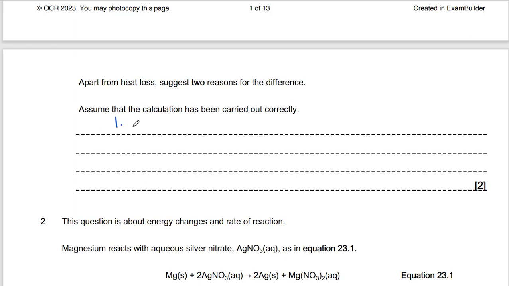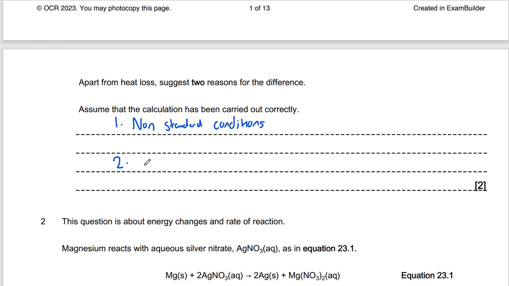First one, non-standard conditions. I don't know many laboratories that actually conform to standard conditions. So that's reason number 1. I don't think I've ever carried out an experiment at 298 Kelvin, if I'm being honest. 25 degrees is hot for a lab, so don't think I've done that.